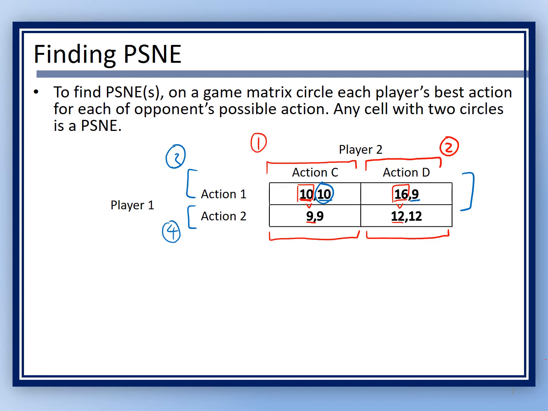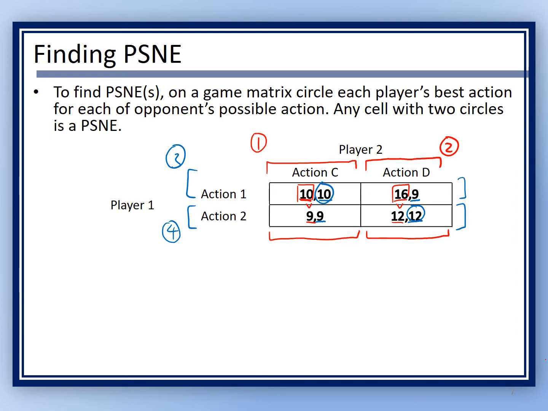Finally, suppose player 1 has already chosen action 2. What would player 2 want to do? She can choose between action C, that pays her 9, or action D, that pays her 12. 12 is higher than 9, so she's going to choose 12. Let's circle that.